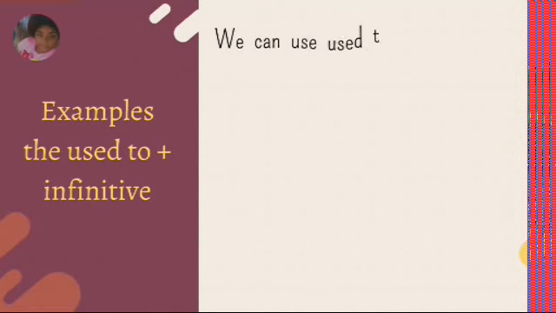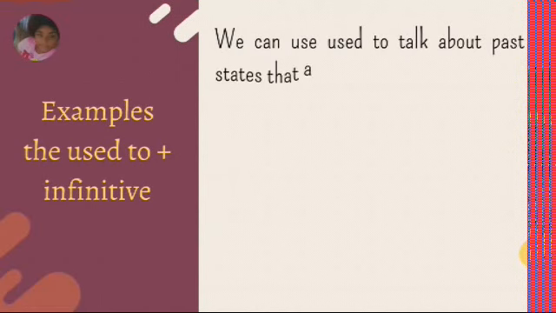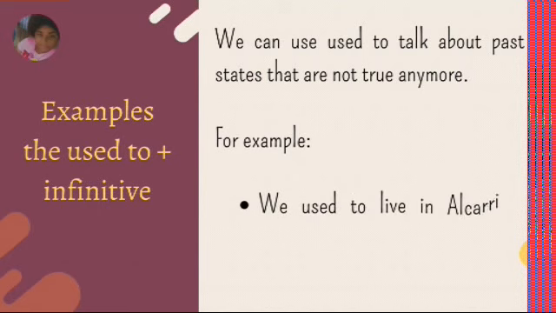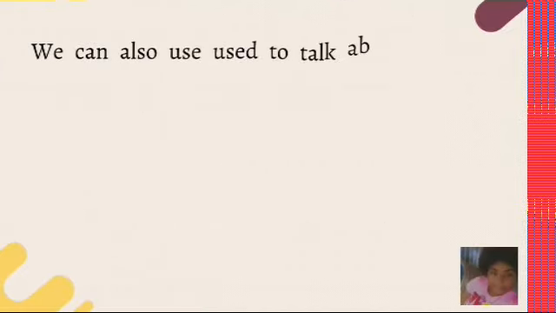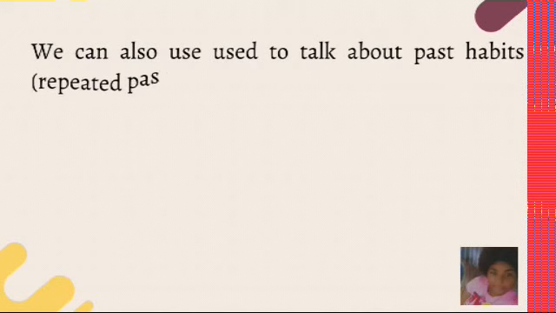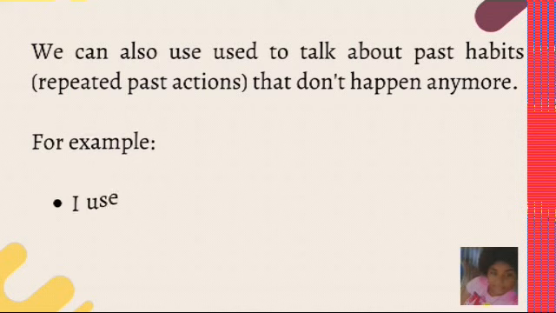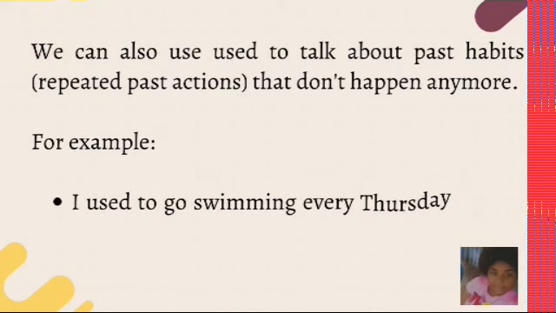We can use "used to" to talk about past states that are not true anymore. For example, we used to like Alcarrizo when I was a kid. We can also use "used to" to talk about past habits, repeated past actions that don't happen anymore.